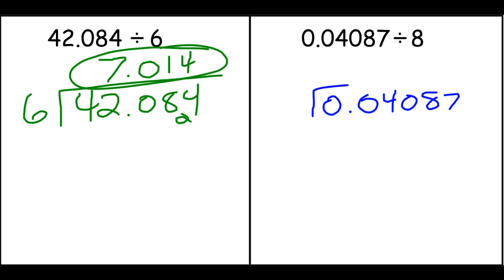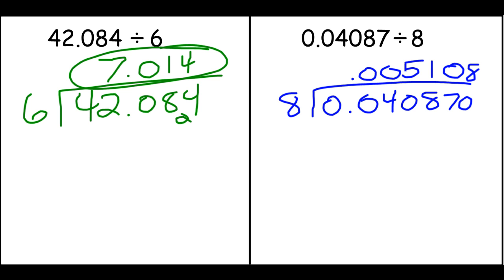And our last problem, 4,087 hundred thousandths divided by 8. 8 goes into 0 0 times, 4 0 times, 40 5 times. Goes into, with no remainder, goes into 8 once, goes into 7 0 times, so we add a 0. Goes into 78 times. 8 times 8 is 64, so we have a remainder of 6. Goes into 67 times with a remainder of 4. And then finally goes into 45 times.